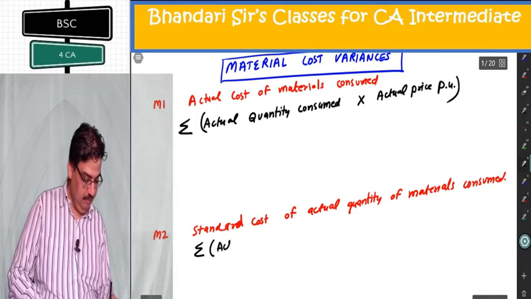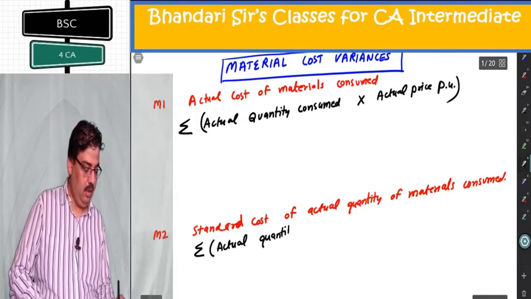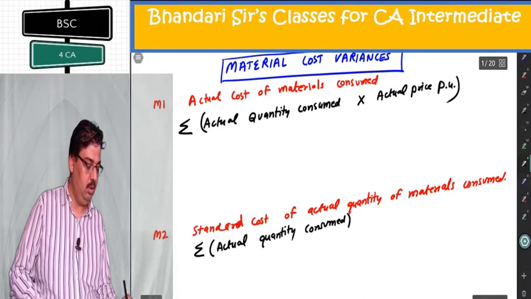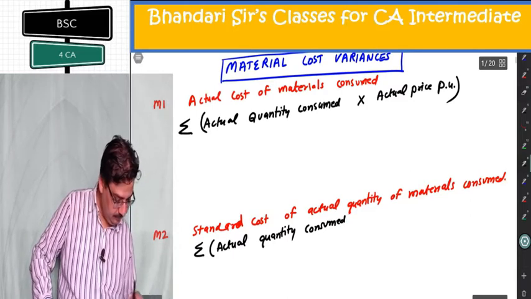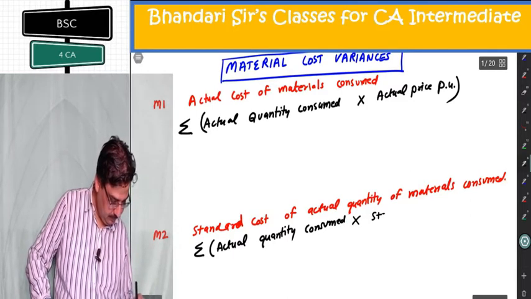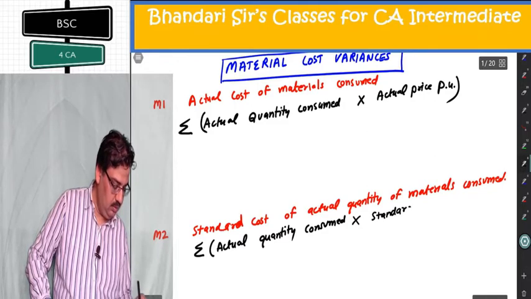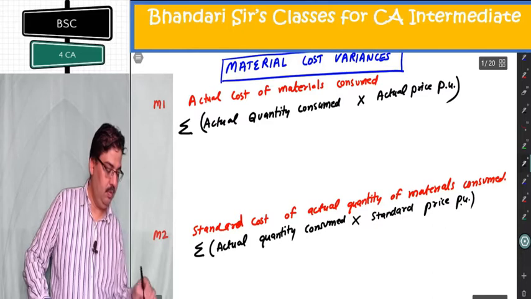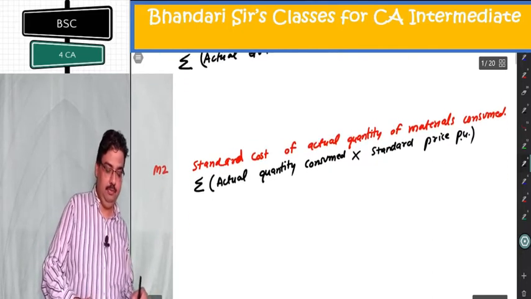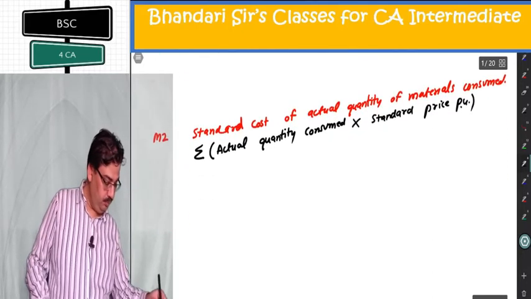Quantity remains same. Actual quantity consumed multiplied by standard price per unit. Per unit of input, obviously. This is M2.